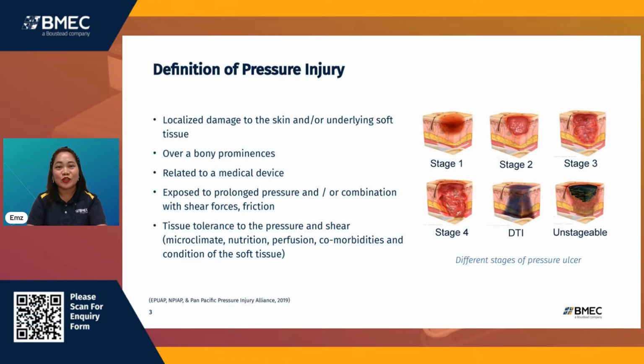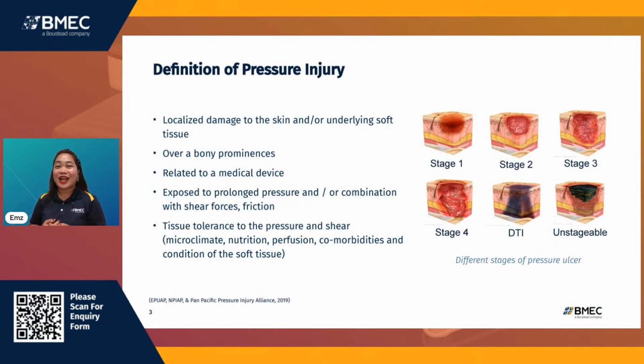When we say pressure injury, it means that there is a localized damage on the skin. There is a related pressure on it. Okay? You must remember that a pressure injury must be over a bony prominence. Okay? And there should be a relation to medical device. What are those?